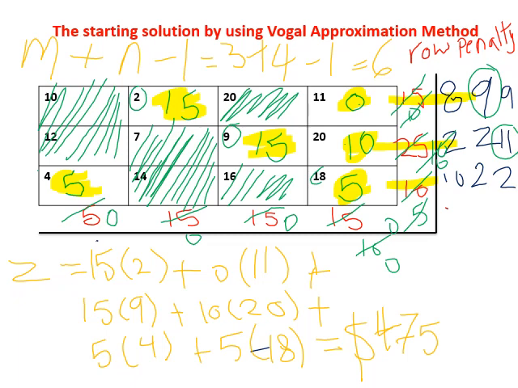So when we want to get the final and optimum solution using the Vogel approximation method as a starting solution, it will be better than any other method for the starting solution. Now we have already covered the three methods used for getting the starting solution.